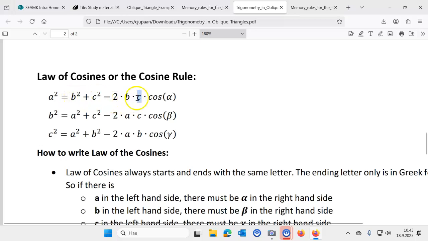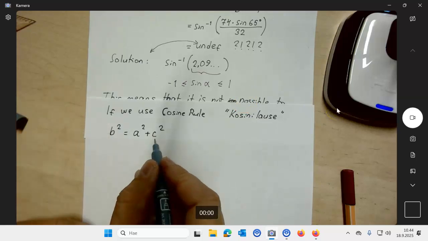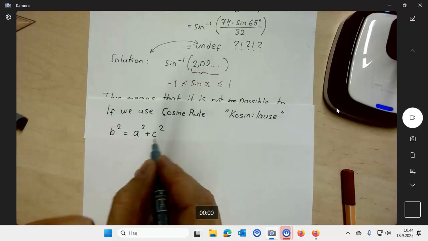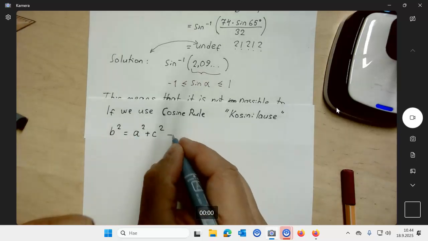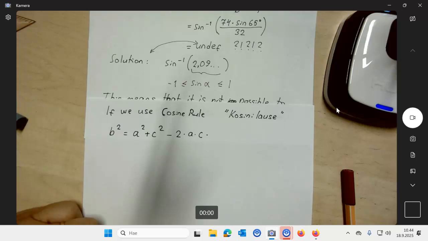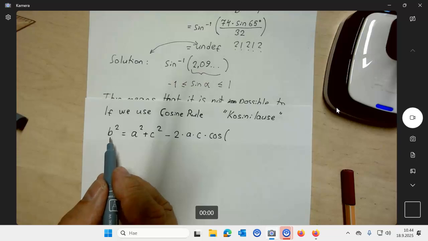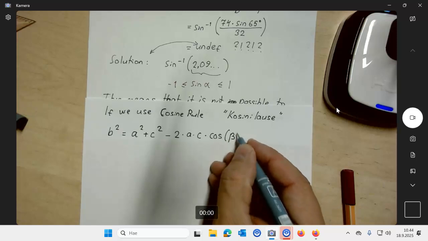Here we have B and C, and here we have also B and C. Here is A and C, and here are also A and C. A, B, A, B. So it is quite easy to remember how to write this cosine rule. So now I have done this Pythagorean version first, and then I will put minus 2 times A times C. And then, because this is the cosine rule, we use the cosine of the angle, which is the same letter as here. Here is B, so it must be beta here.